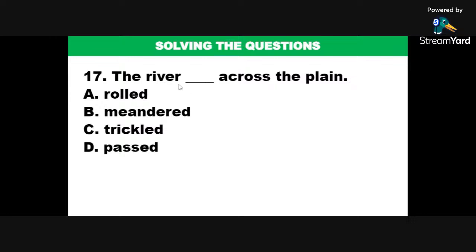And when you talk about a river flowing across very winding paths, that is what it means to meander. Okay, so the correct answer is B, meandered. The river meandered across the plain.